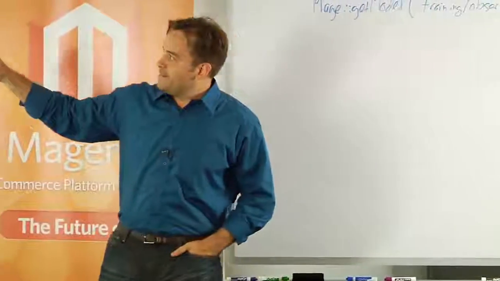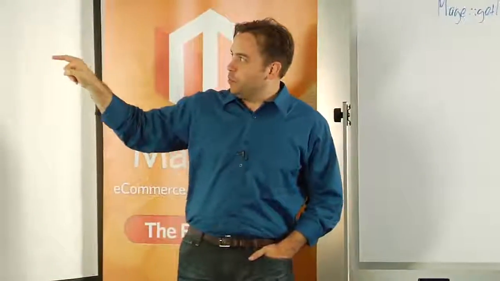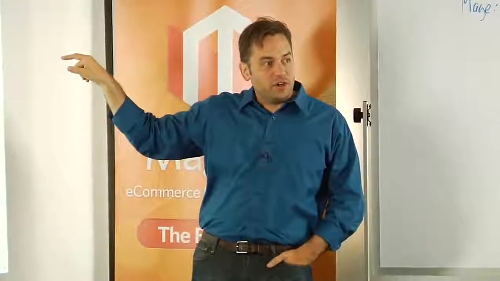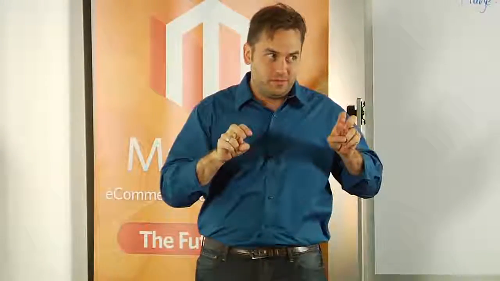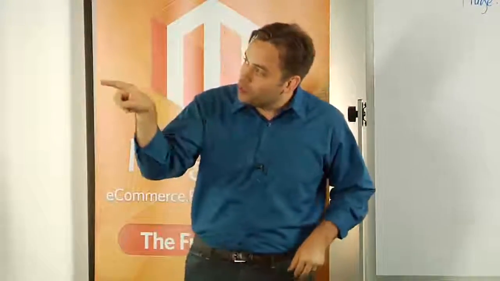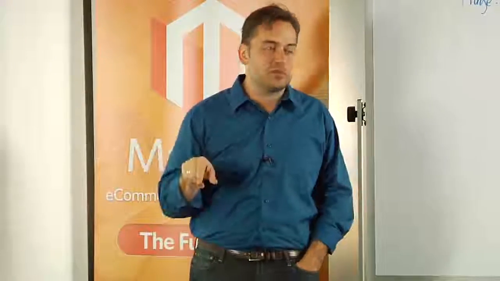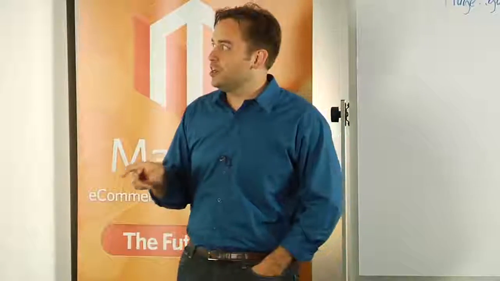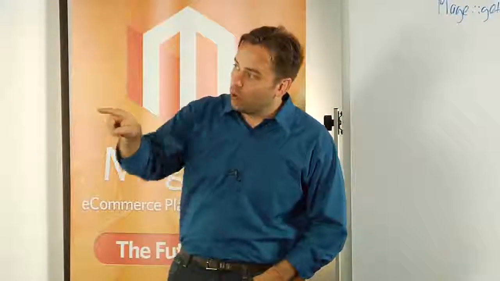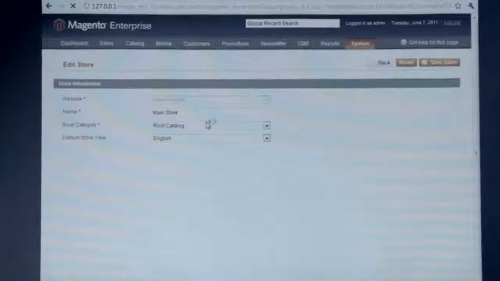So what is labeled store view here? That's the store. Okay. And what is store name here is actually a store group. Configuration, though, is either in the scope of a store or of a website. Okay.